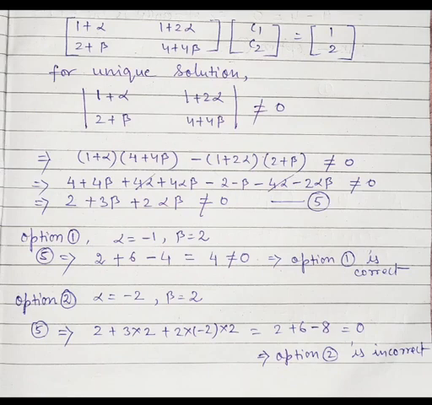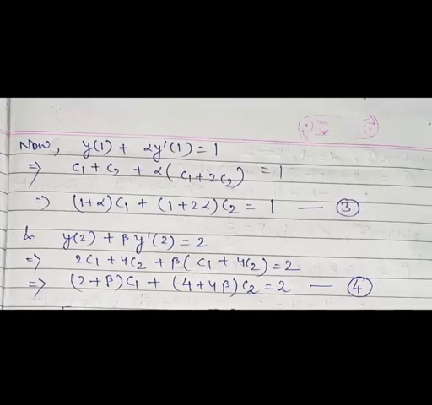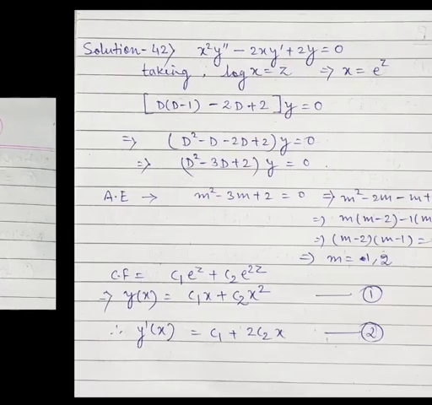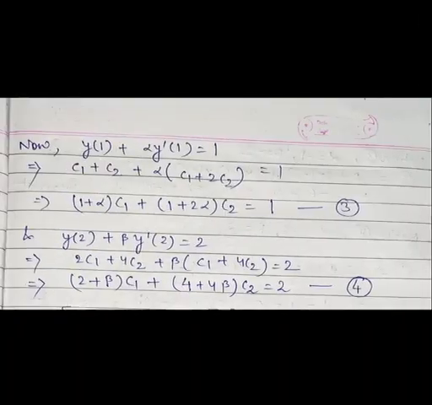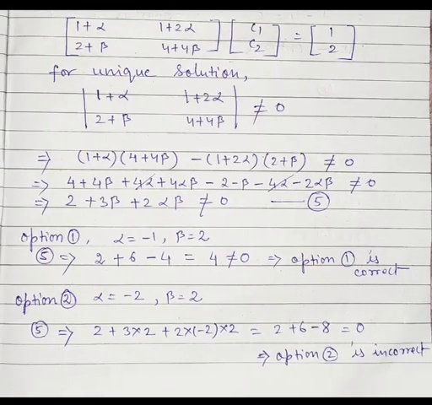Or we can have another way also. Now we are having two equations, and in the question it was given that it has a unique solution. So when we get a unique solution, using these two equations we can make a matrix.